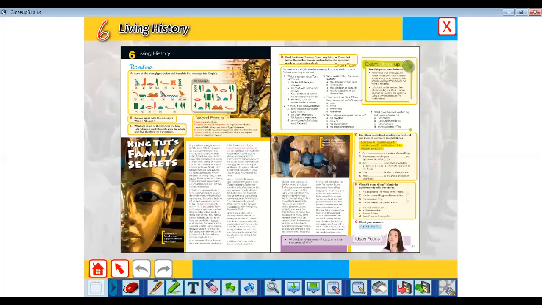Can you see the book now? Ahmed Hussam, can you see the book on the screen? Yes, it's okay, Mr. It's okay, thank you. This is our book, the student's book.